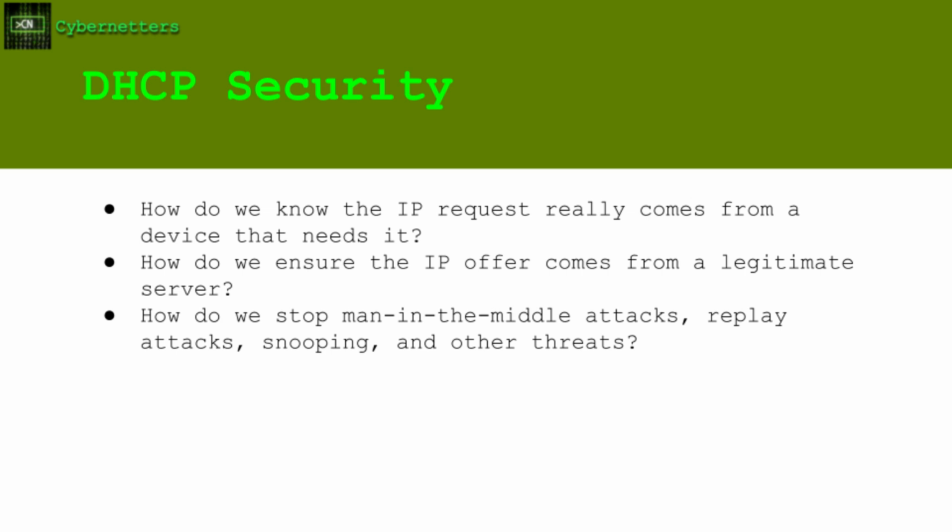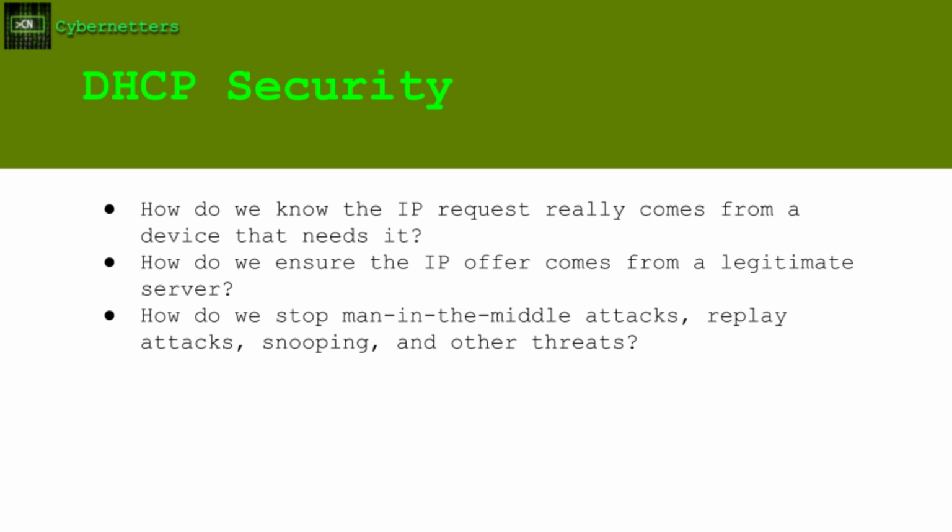DHCP by default doesn't have a built-in authentication mechanism, which raises questions like, how do we know this request is legit? And how do we ensure that this server is actually trustworthy? Without safeguards, attackers can pose as a DHCP server or client to perform man-in-the-middle or replay attacks. So to mitigate these risks, many networks implement DHCP snooping on switches, which tracks which ports can send or receive DHCP traffic, which blocks rogue servers.